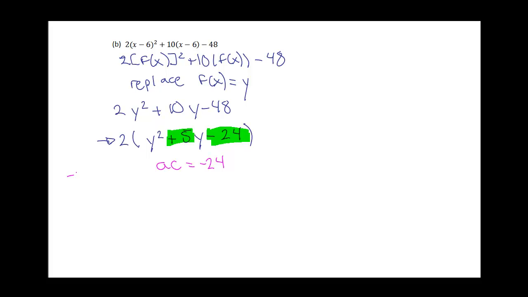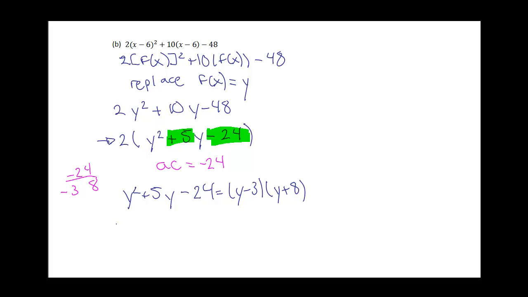In this case, two numbers that multiply to negative 24 and add to 5 are negative 3 and 8. So y squared plus 5y minus 24 factors to y minus 3 and y plus 8.